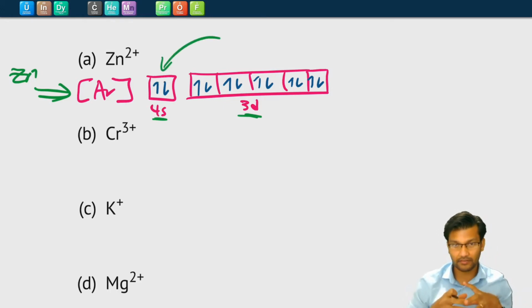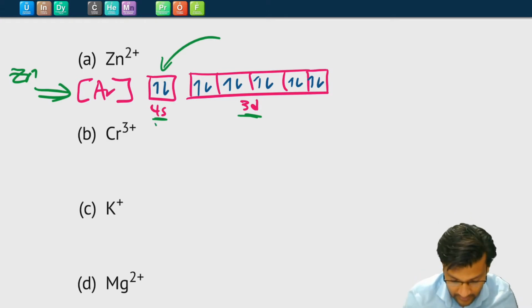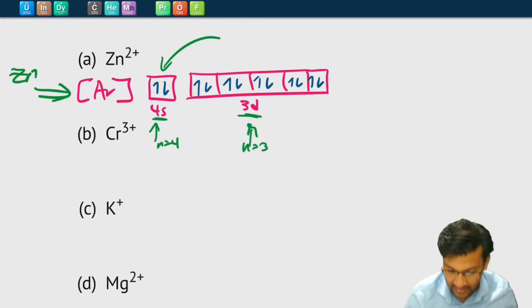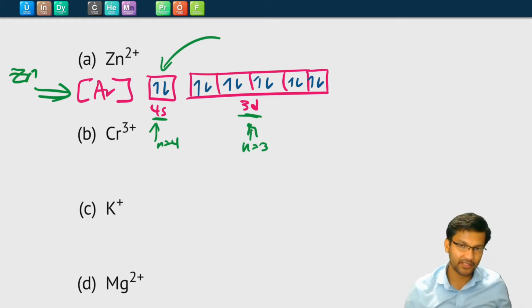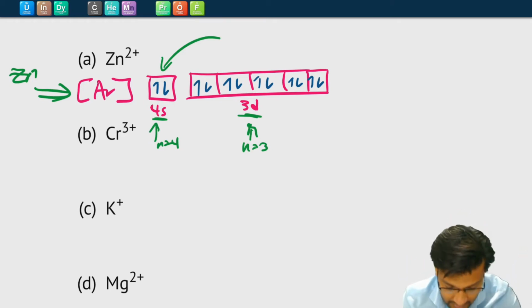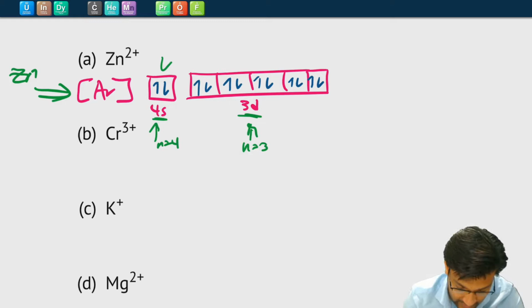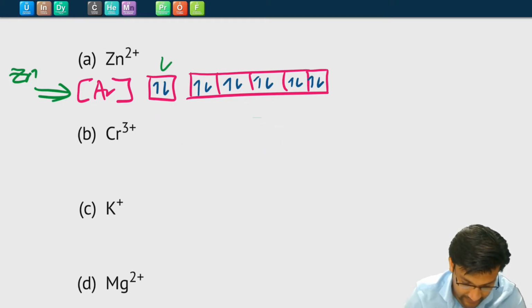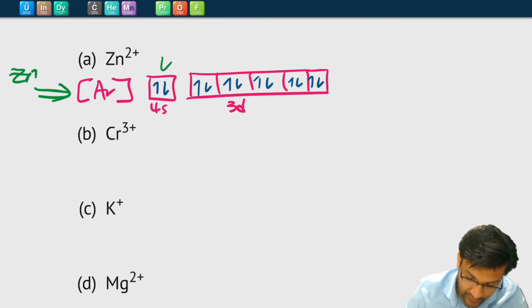Because the 4s orbital has a higher n value, the n value is 4, whereas here the n value is 3. Because of that, the common explanation is it's easier to remove those electrons because they're further away from the nucleus. So if we're going to remove 2 electrons to make zinc 2+, we're going to remove these 2 electrons from 4s.